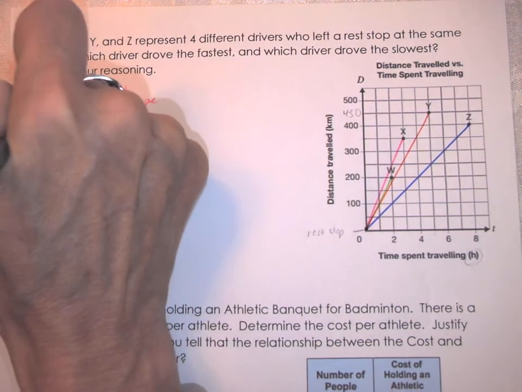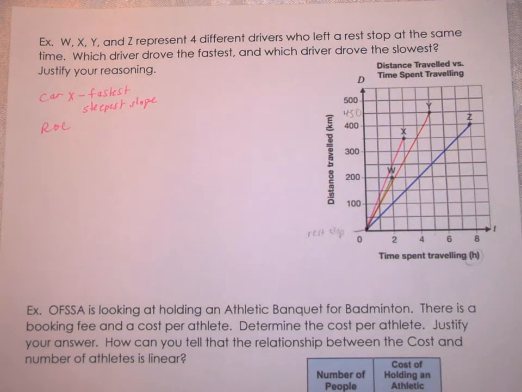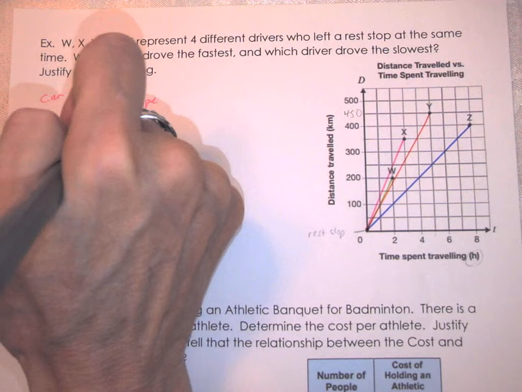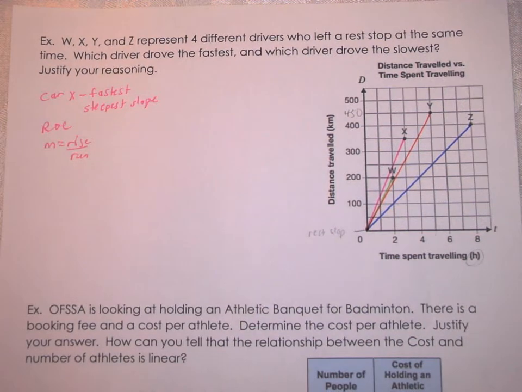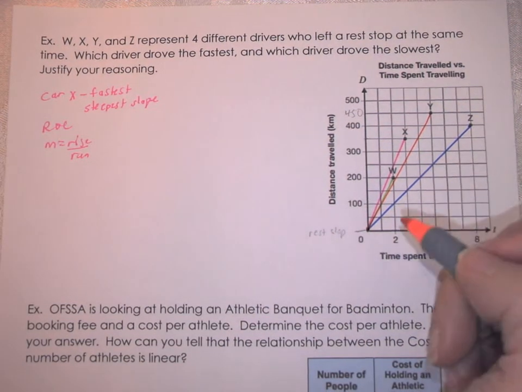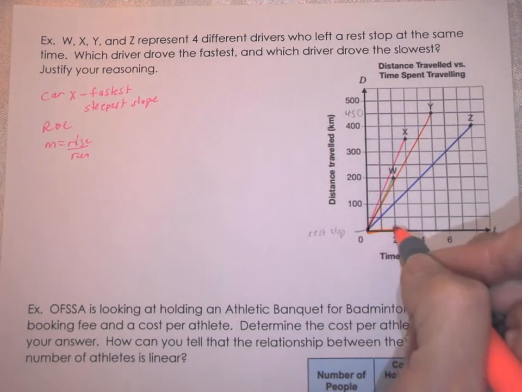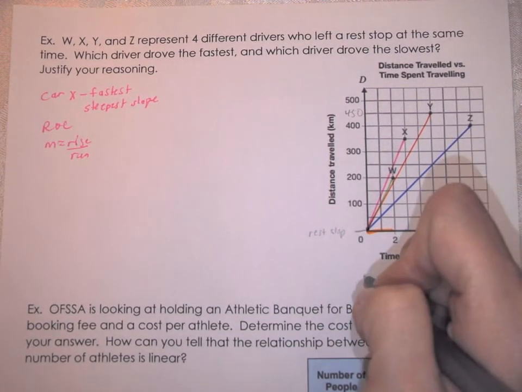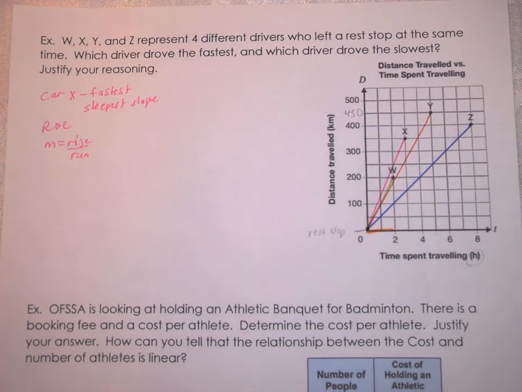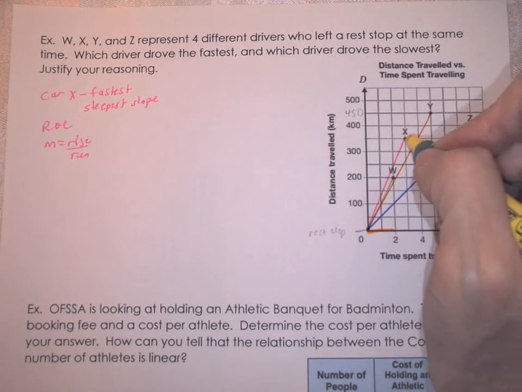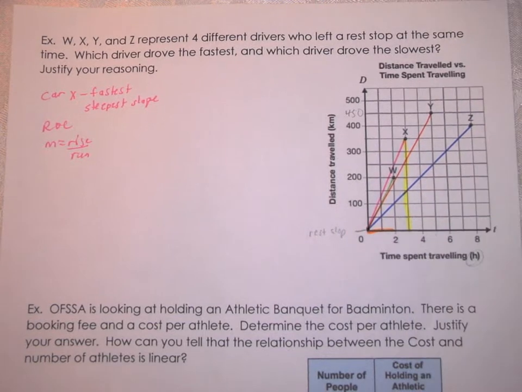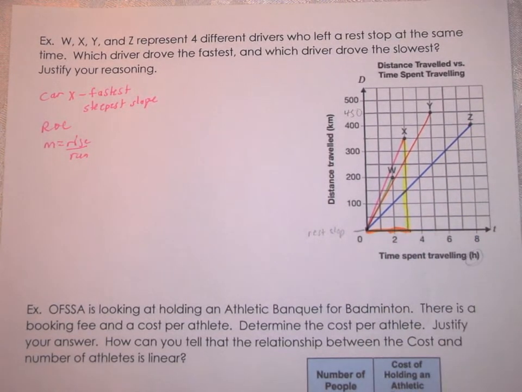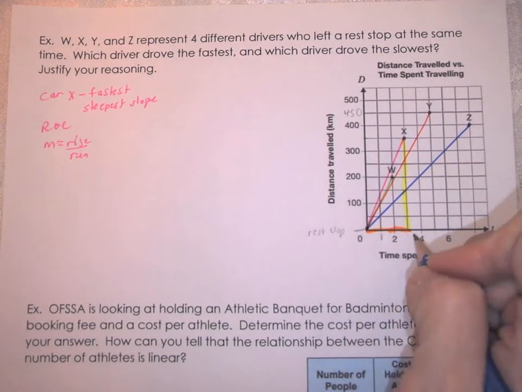But now we have to find that slope or that rate of change using our slope formula, the rise over the run. So for car X, our run is 3 hours. So 1, 2, 3.